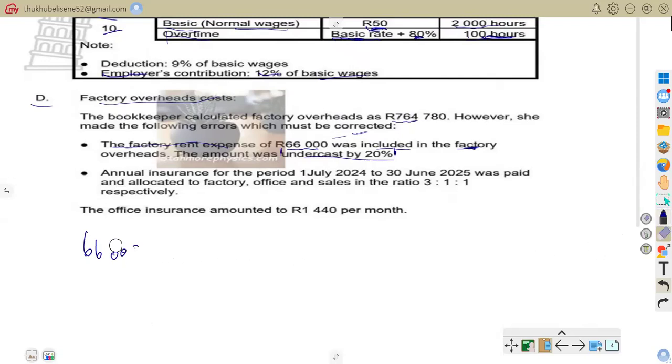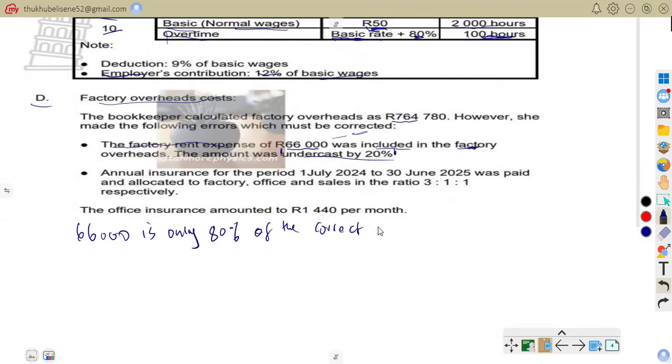So let me write it so that people will understand. We are saying that this amount, 66,000, is only 80% of the correct value, not the full 100%.